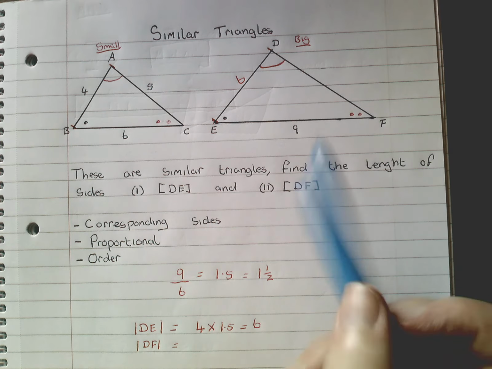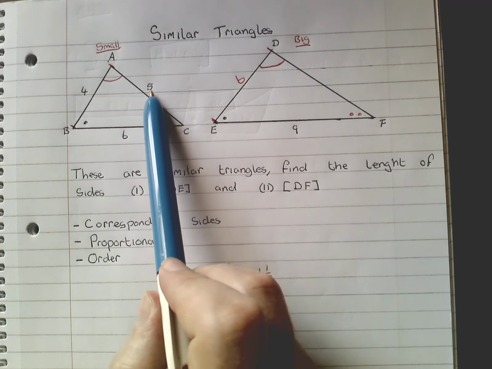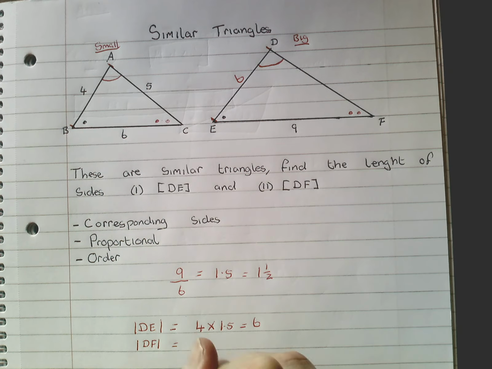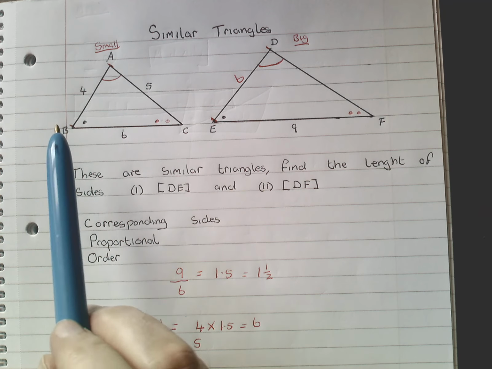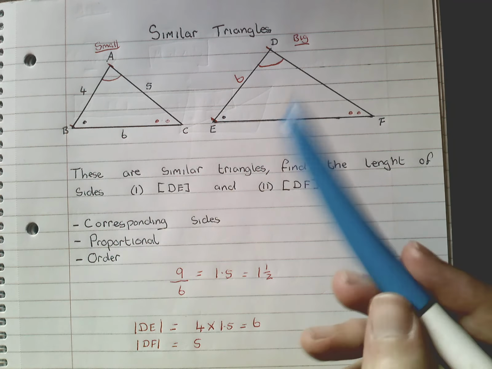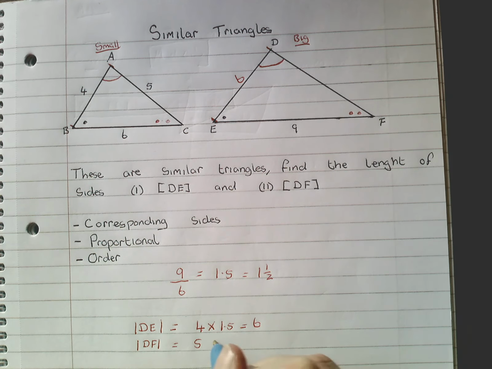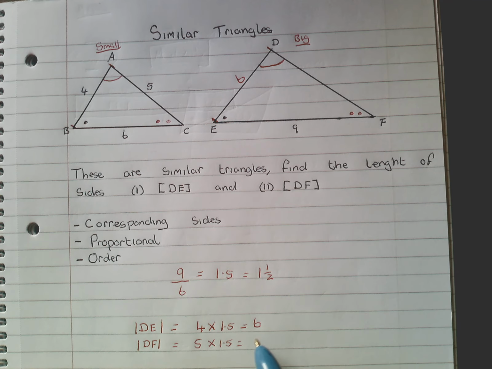They correspond. So again, we take this value here, which is 5. That's the size of that side on the small triangle, and we multiply it by the correspondence, which is 1.5. We multiply it by 1.5, and that's going to be equal to 7.5.